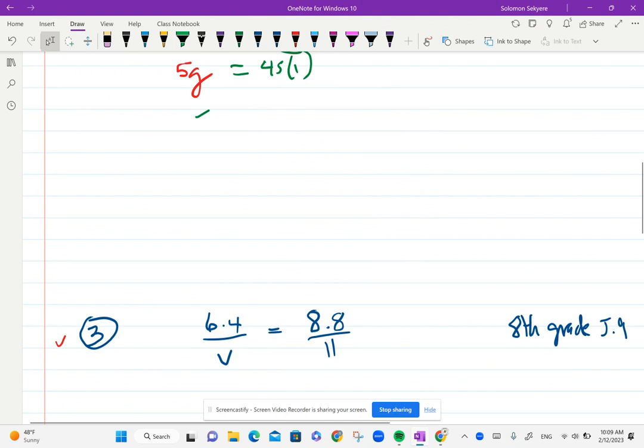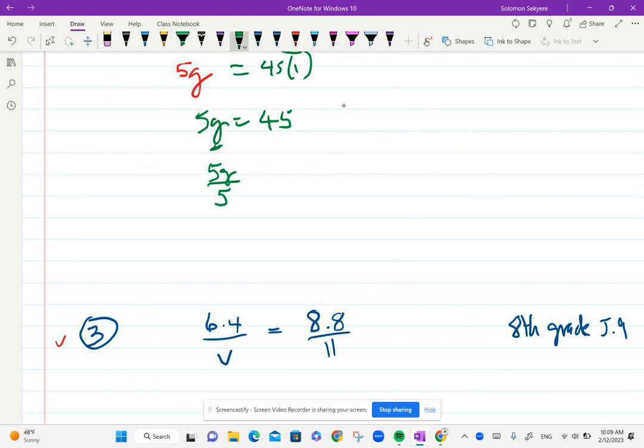So 5g equals 45. We've got our first step done. To find our variable g, we divide both sides by what? By the coefficient. The coefficient is 5, right? 45 over 5, and we say g equals 9.